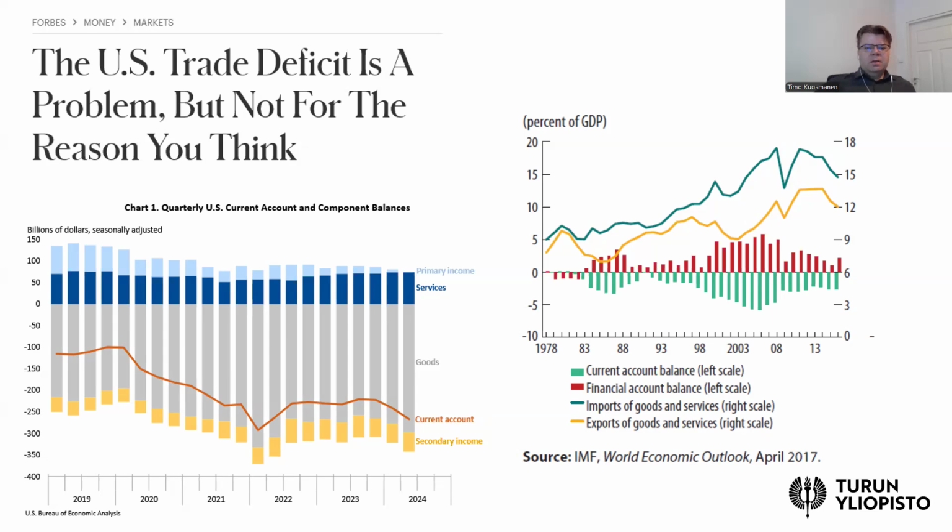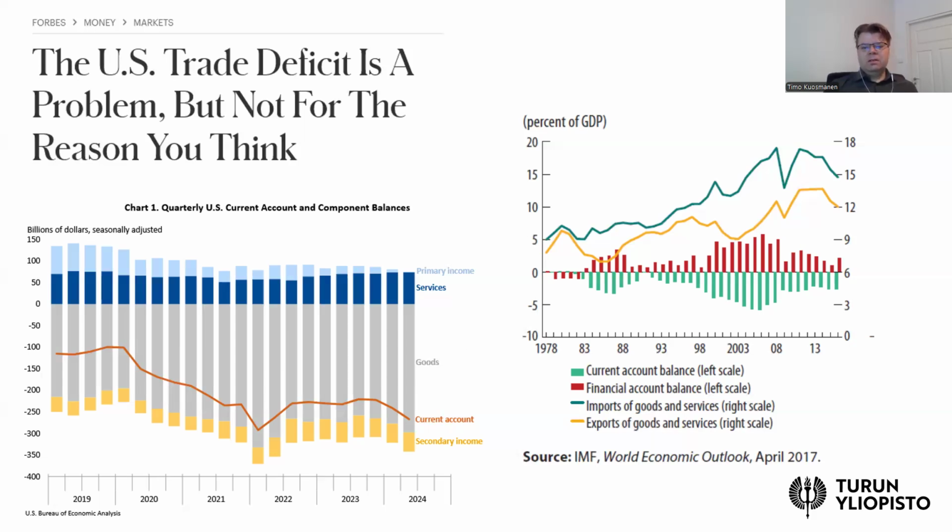In this article, for recent years, even to mid 2024, we see that the current account deficit is in the magnitude of hundreds of billions of dollars per quarter. It also indicates that the USA imports more goods than it's exporting. This has been a relatively stable and long-term phenomenon.